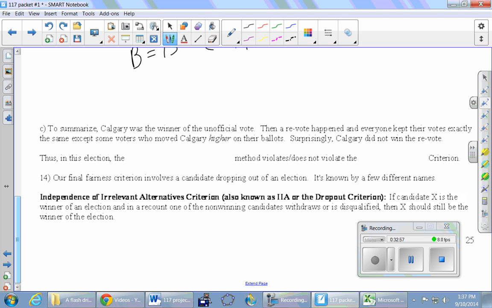Plurality with elimination was the choice that we were looking at here. So plurality with elimination. Then we've got to find the name of the relevant criterion. We've seen 3 of them so far. What was the name of the one that's on this page? Monotonicity.